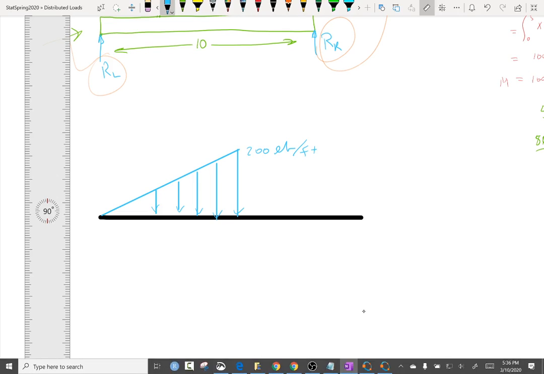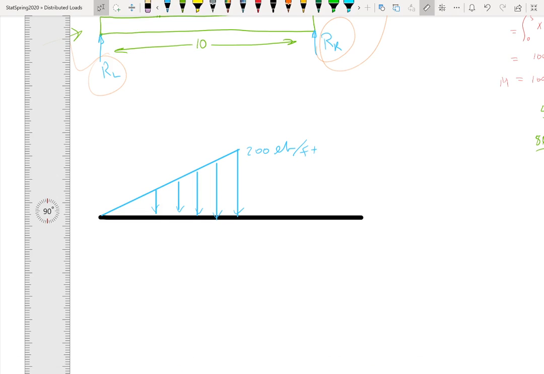But the key is, let's look at the function. What is this function? Let's say this is X. You've got your support reaction at the left, reaction at the right, and your function starts here.